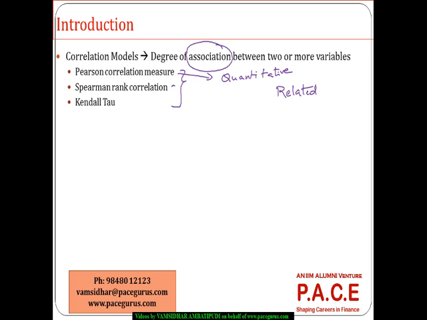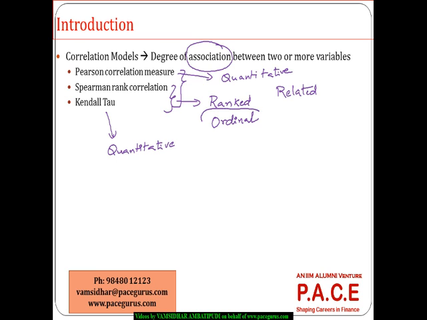Whereas we have the other two, the Spearman's rank correlation as well as Kendall's tau, which are generally applicable if my data is more ranked or typically ordinal in nature. Though I can apply both of them to quantitative data as well, ratio scale data as well, there are a few limitations.